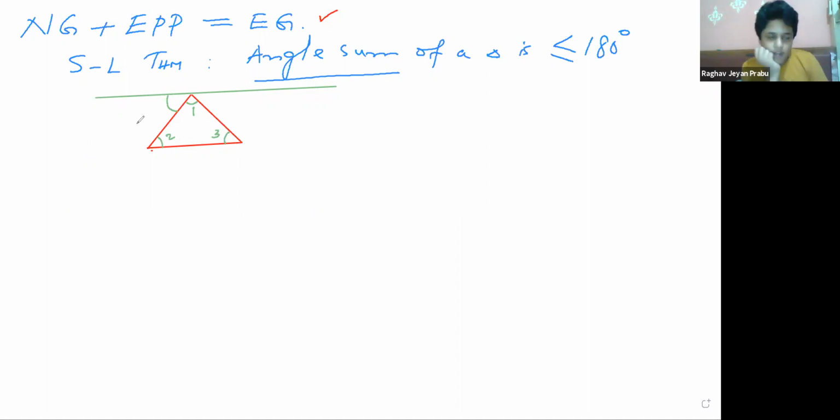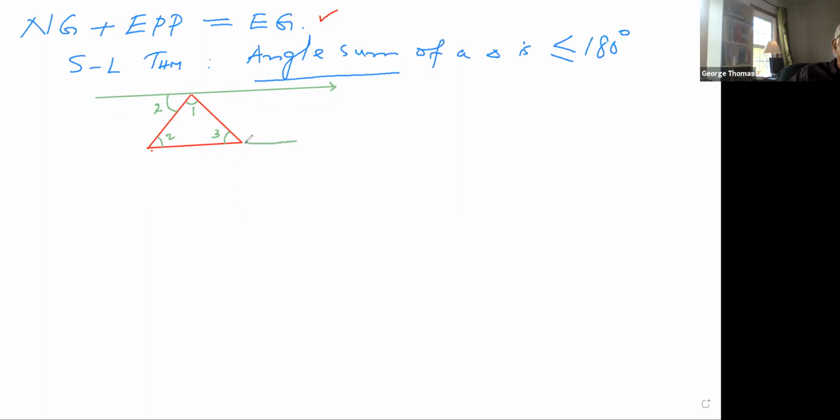Sir, it will be angle 2. The reason is the converse of AIAT, because we drew this line parallel to this line, and this is a transversal. Converse says the alternate interior angles are equal.